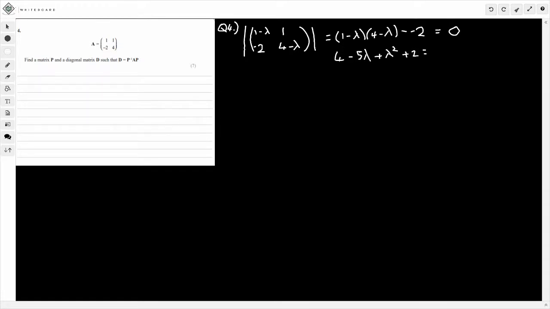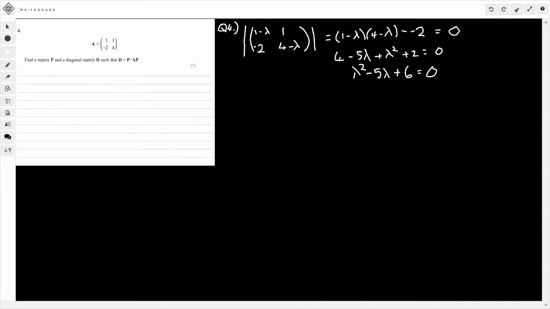That's equal to 0. So this simplifies to lambda squared minus 5 lambda plus 6 equals 0.